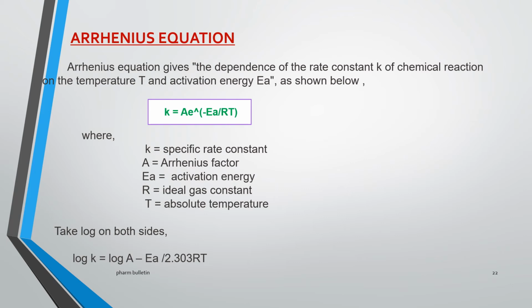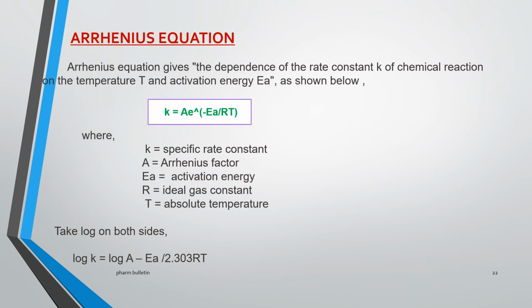So what is the Arrhenius equation? The dependence of the rate constant K of a chemical reaction on the temperature T and the activation energy EA gives the Arrhenius equation. K is equal to A e to the power minus EA by RT, where K is the specific rate constant, A is the Arrhenius factor, EA is the activation energy, R is the ideal gas constant, and T is the absolute temperature.